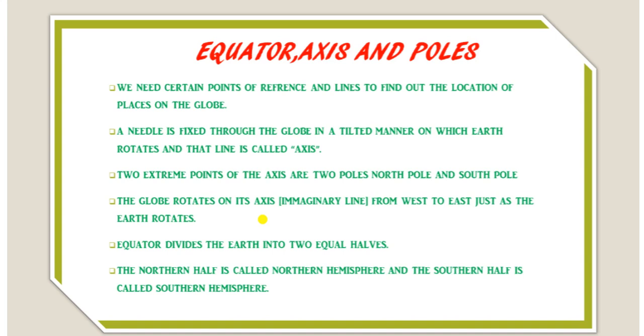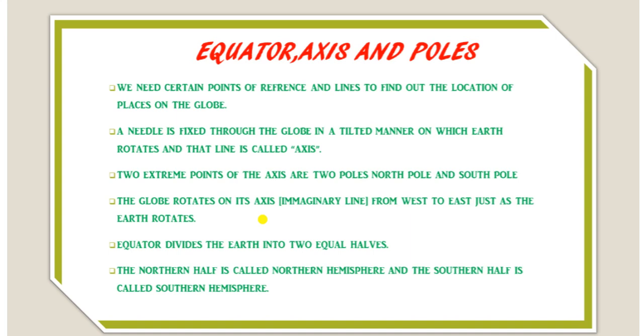As we said, globe is rotating. Now, on which line and what point does it rotate? If we fix a needle through a globe in a tilted manner on which it can rotate the same way as Earth rotates, that needle will be the axis around which the Earth rotates.